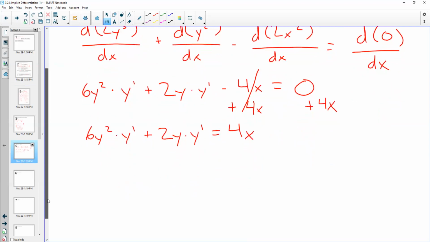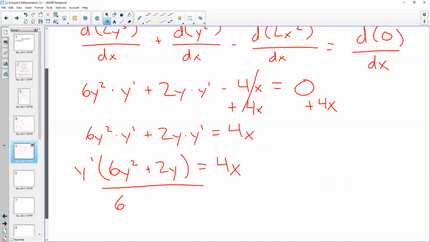Excellent. So we will isolate for y prime here, so we will factor that out. We get y prime times 6y squared plus 2y equal to 4x. Now, the last step to isolate y prime, we'll just divide by 6y squared plus 2y.